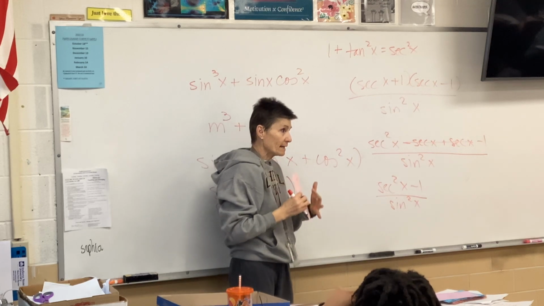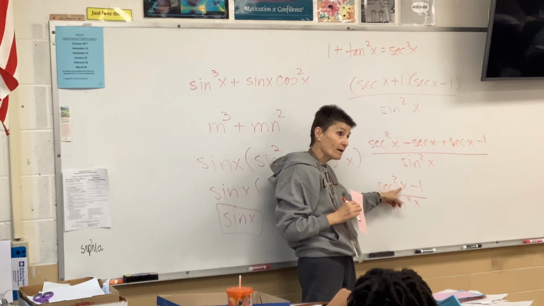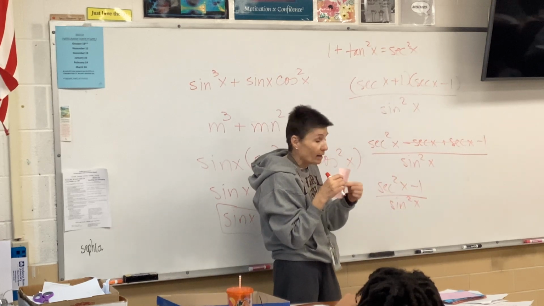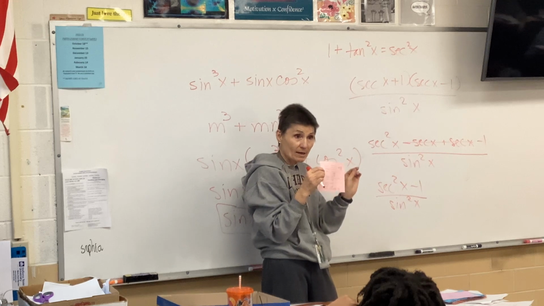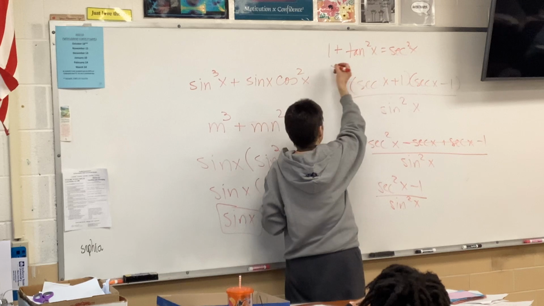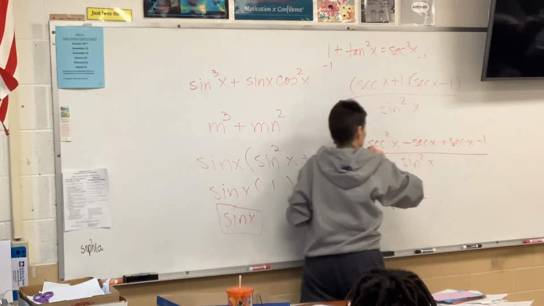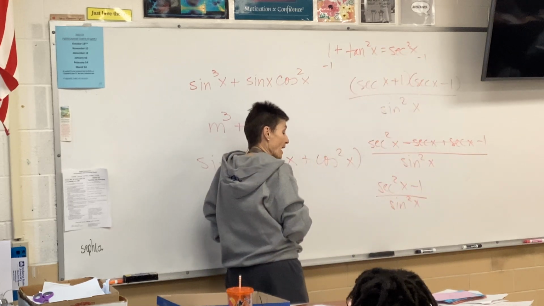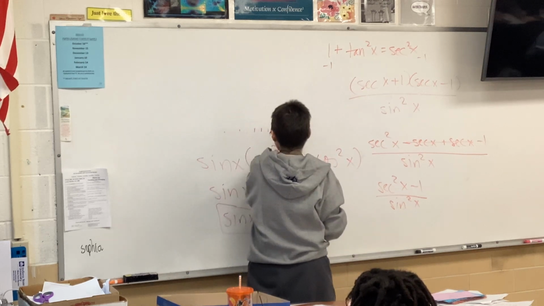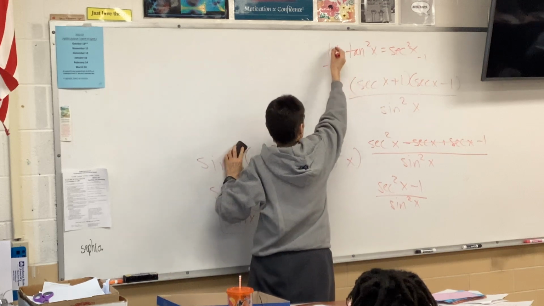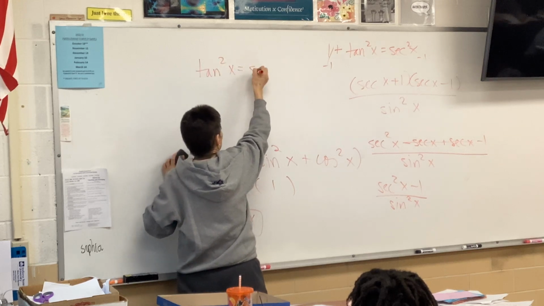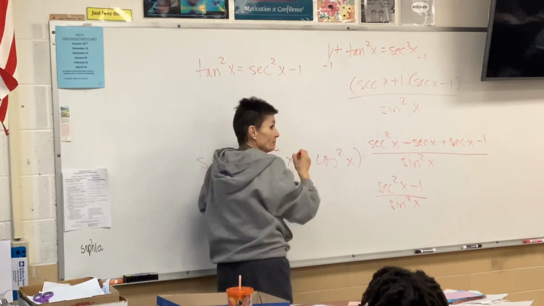Now, why am I looking at that one? Because I have a secant squared and a 1. On my reference sheet, there's a formula that has a secant squared and a 1 in it, and it looks like that. Now, I'm going to subtract 1 from both sides. What does it say now? Tangent squared equals secant squared -1.